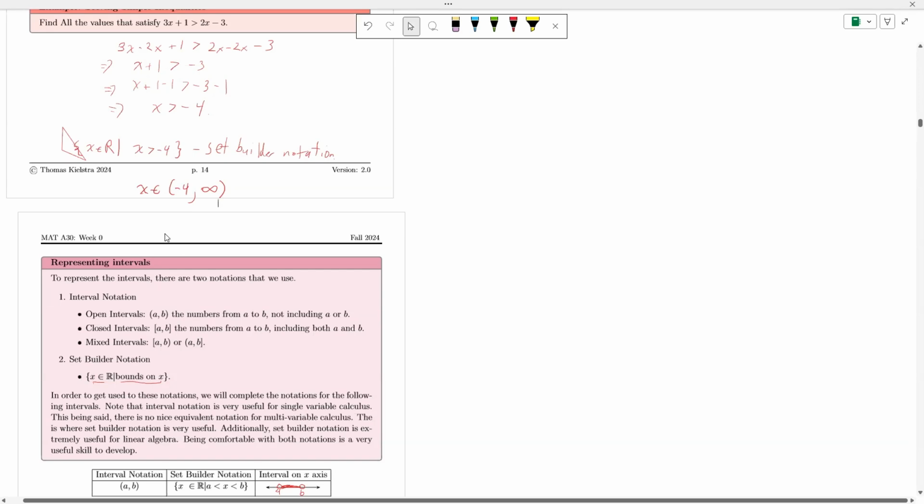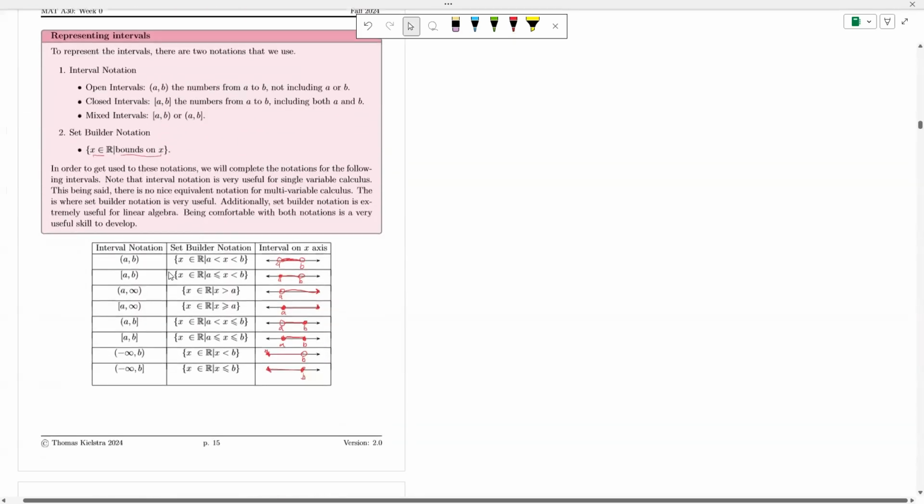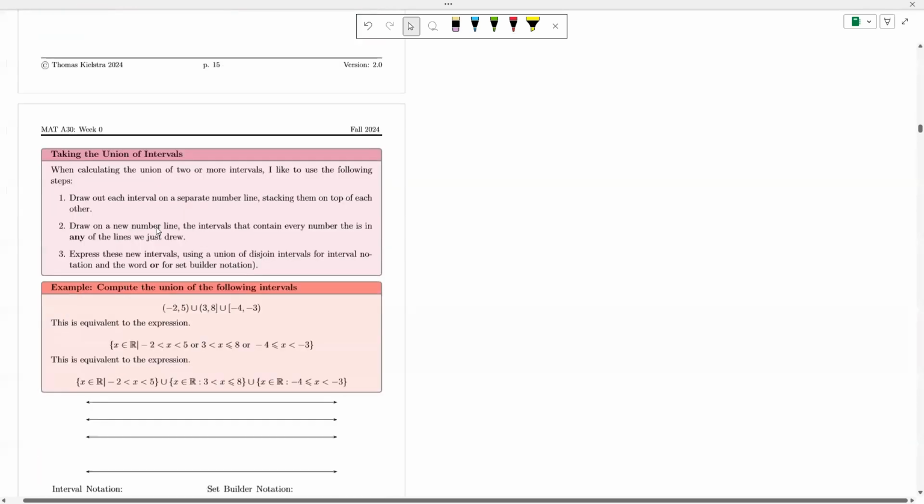But now that we've defined intervals, can we combine intervals? Can we take two intervals and combine them in some way? We don't have adding intervals or subtracting intervals. What we can do is take the union and intersection of intervals.